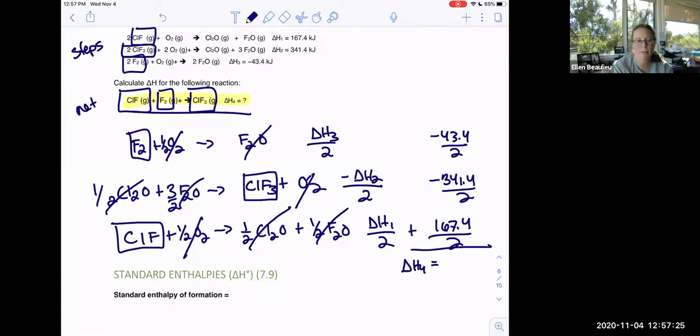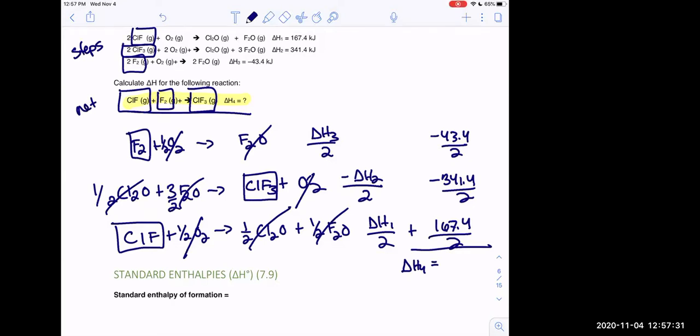What do we get? Is it in the chat? One student says it's negative 108.7 kilojoules.